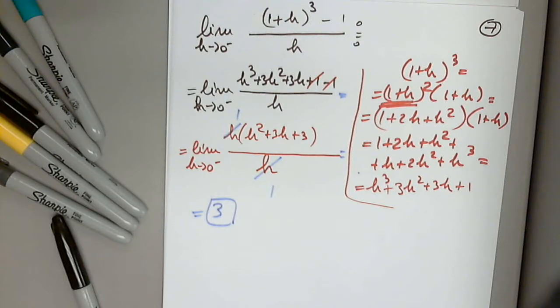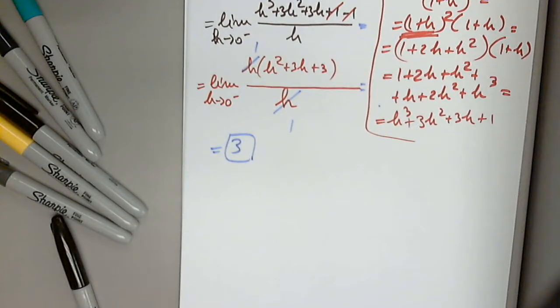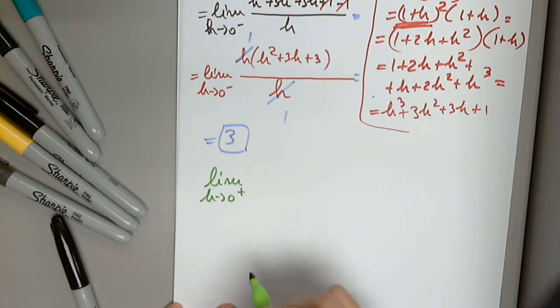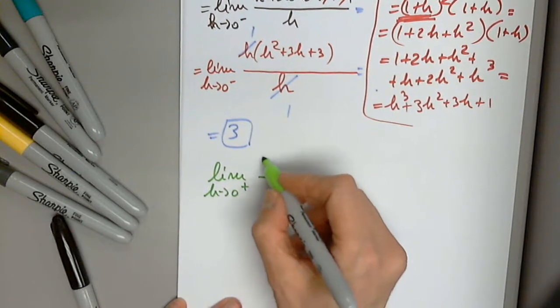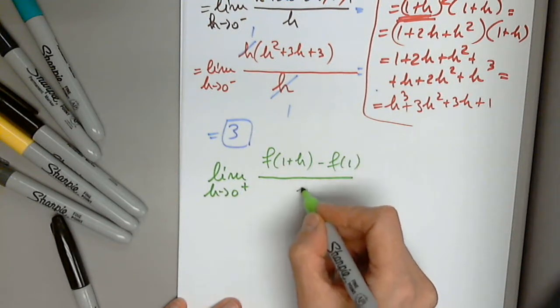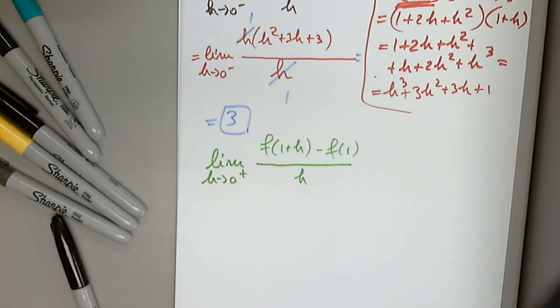Let's repeat for the other one, which is much easier. So now I would like to determine the limit as h approaches 0 from the right. Again, from f of 1 plus h minus f of 1 divided by h. But this time the function is a linear function.